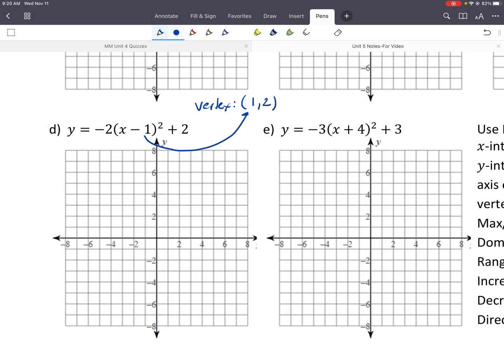So 1, 2 is right here. And then our A value is a -2, so we'd do 1A, 3A, 5A. That would give us a -2, a -6, and a -10. So we'll go over 1, down 2, over 1, down 6, and that will get you all the way out of the graph.